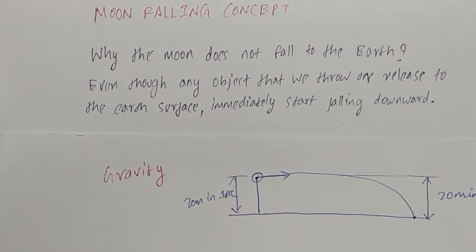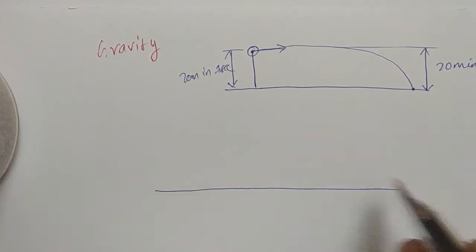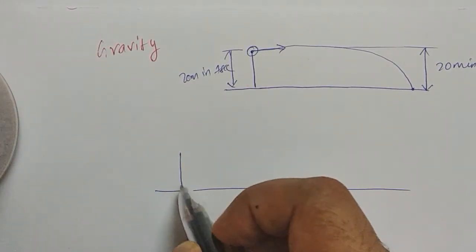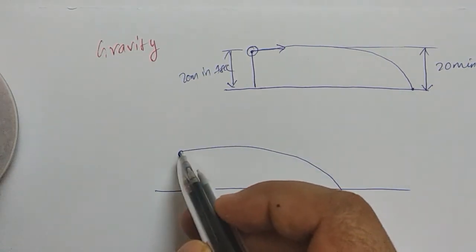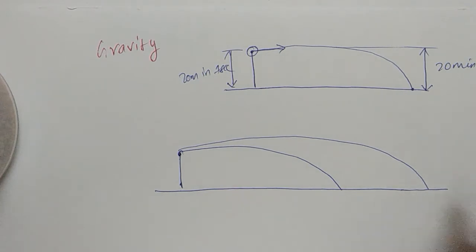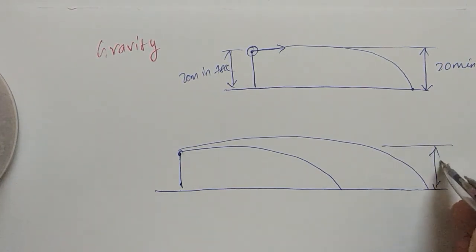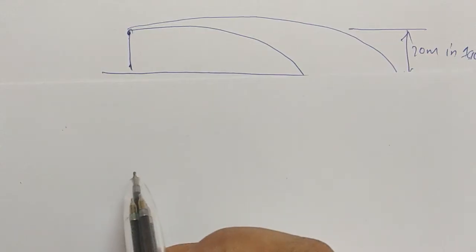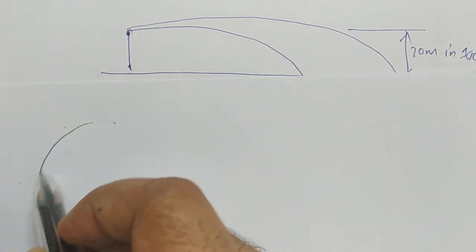Now let us take this example where you start increasing the speed of this ball. Then you will observe that it will cover farther and farther distance, but still it will fall 20 meters in 1 second. Now let us observe this from a different perspective.